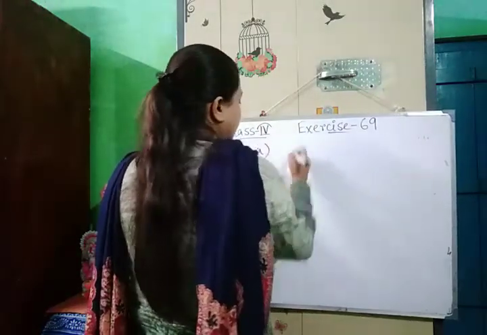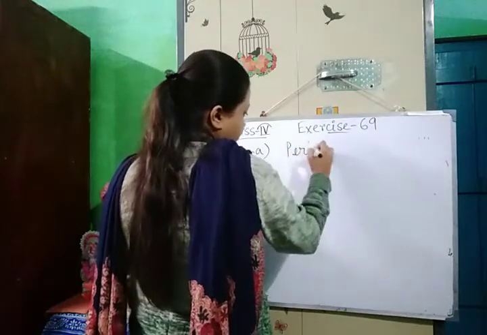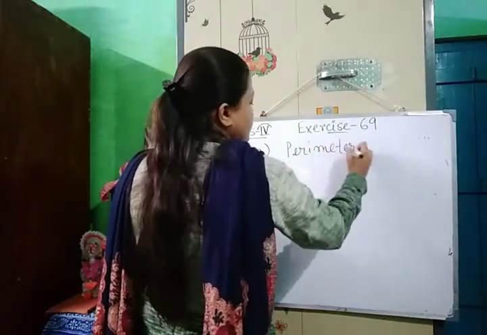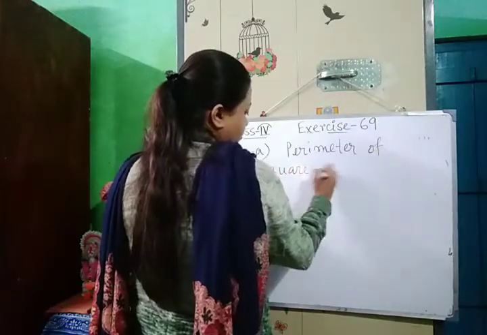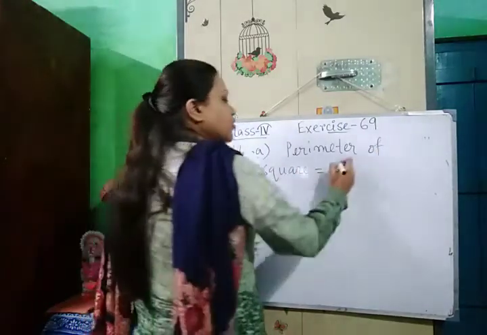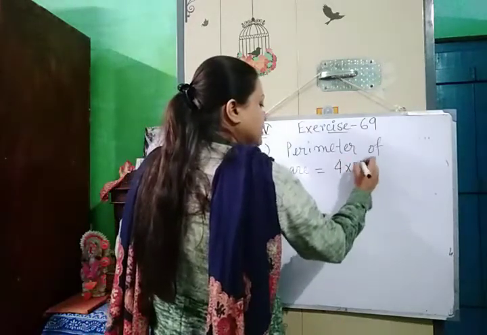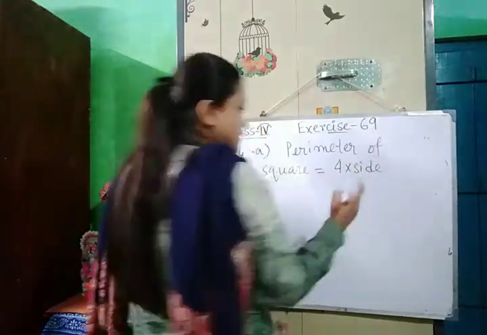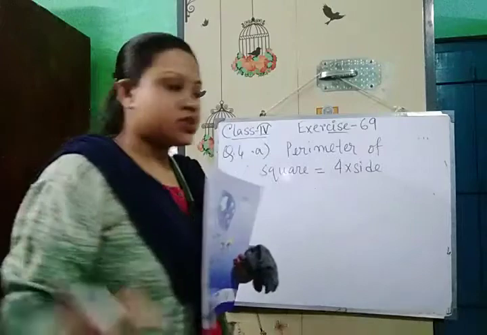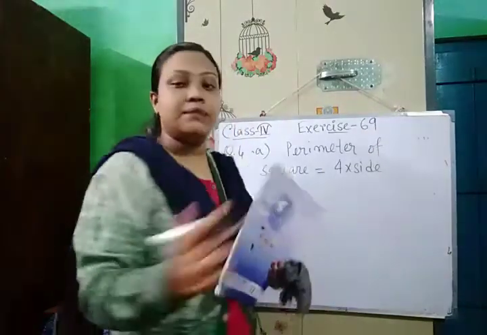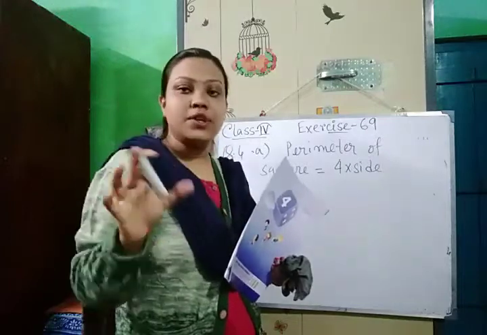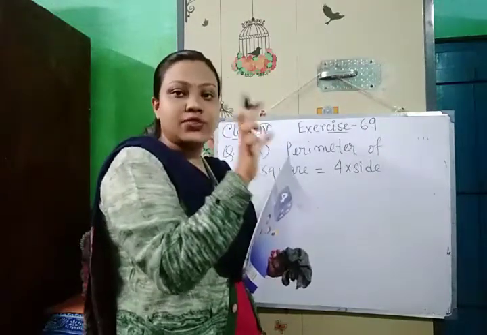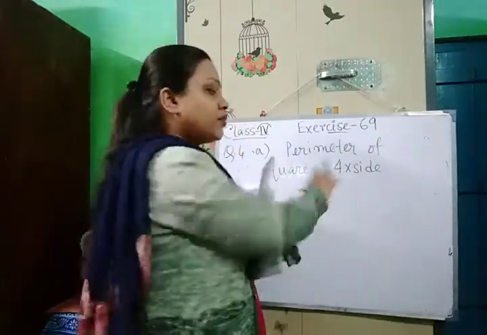Okay. So, again another formula we will learn here. Perimeter of square. What is the formula to find out the perimeter of square? 4 into side. Okay. Each side of the square is same. So, side, when I am saying side, side means all the sides. All 4 sides are same, so only one side you will have to multiply with 4.